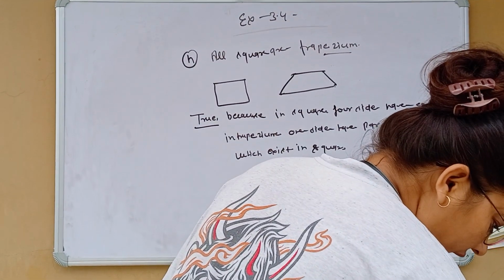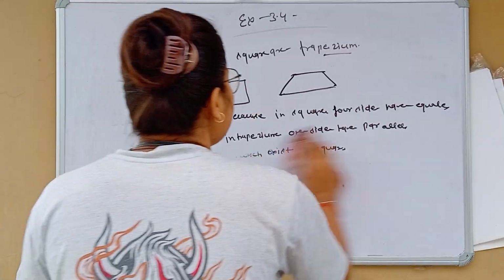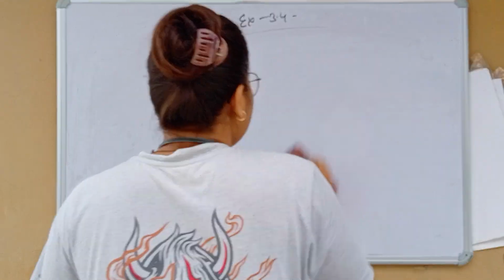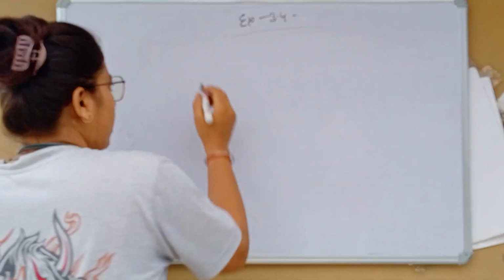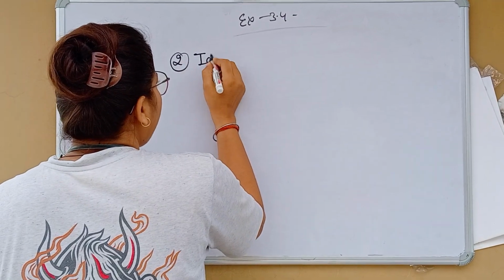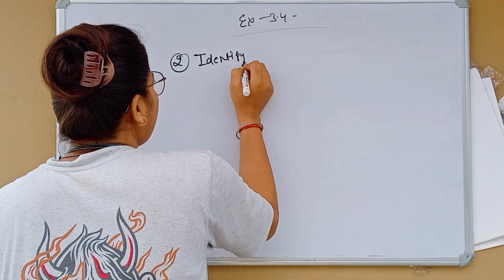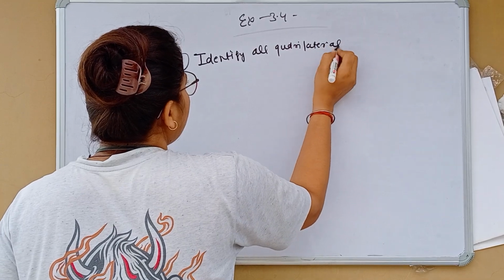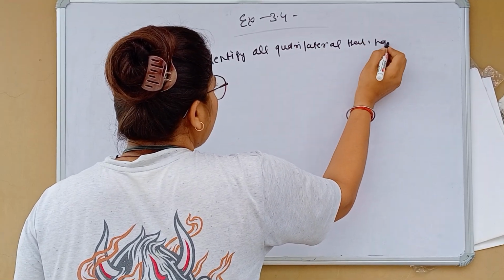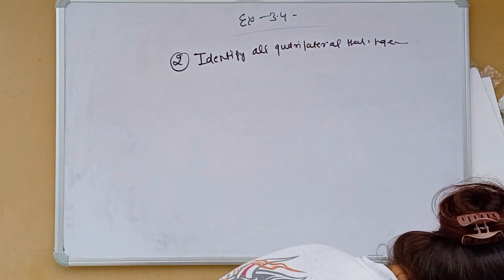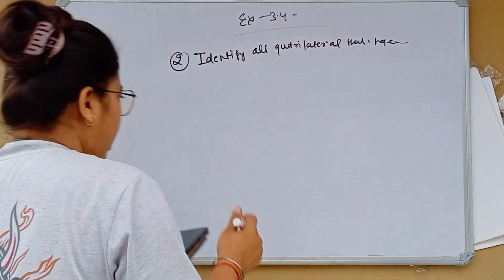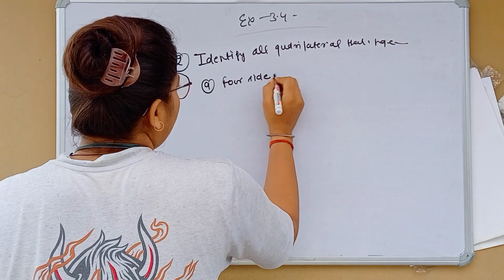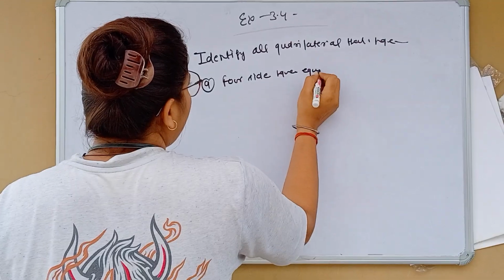The second question says: identify all the quadrilaterals that have, first, four sides of equal length.